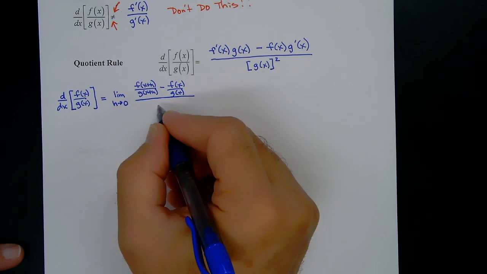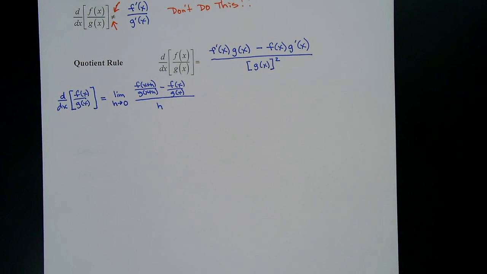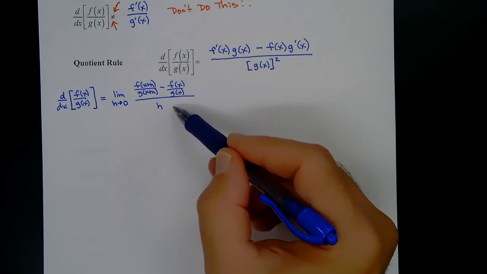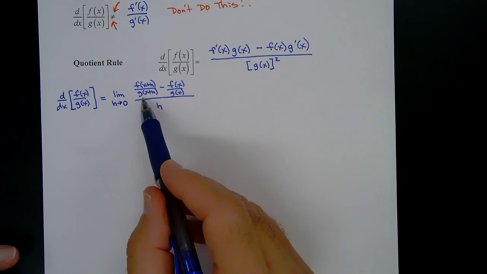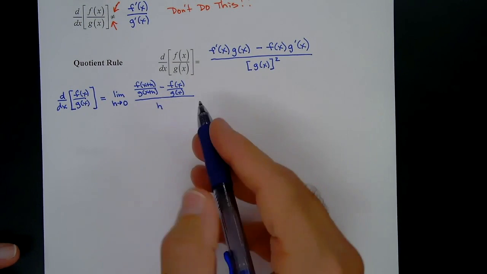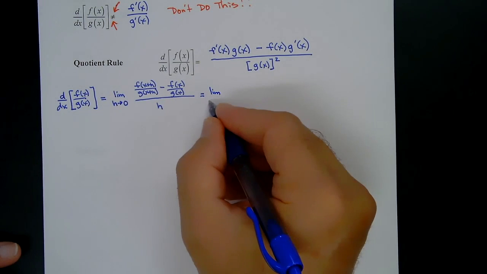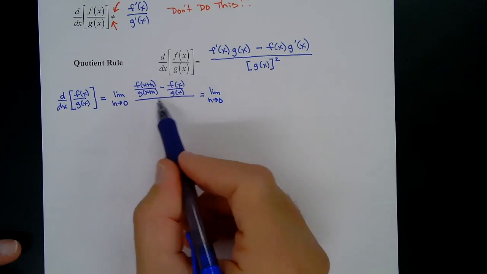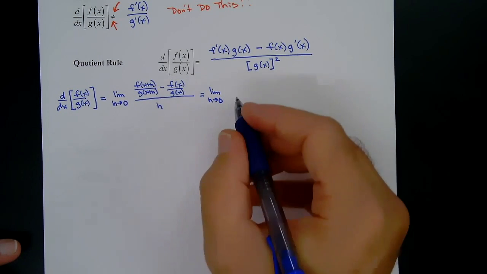all over h. All right, now what I'm going to do is multiply the top of this fraction and the bottom of this fraction by g of x times g of x plus h, because we have a complex fraction right now. Okay, so this becomes the limit as h approaches 0 of, and when I multiply this, it becomes f of x plus h times g of x.